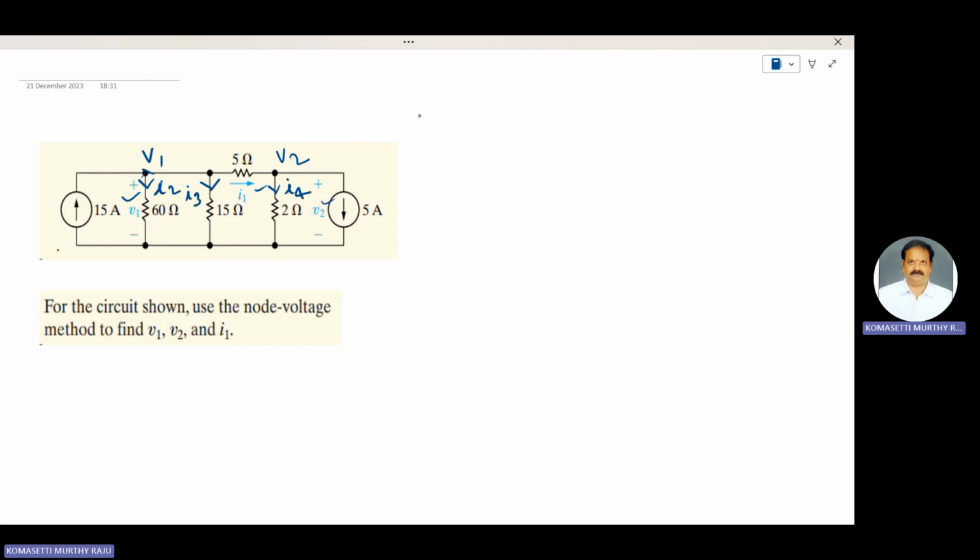Apply KCL at node V1. 15 amperes current is entering into the node. 15 is equal to I1 plus I2 plus I3, because these three currents are away from the node.